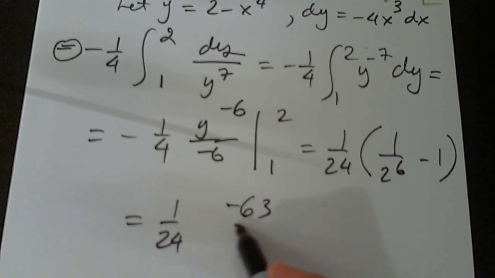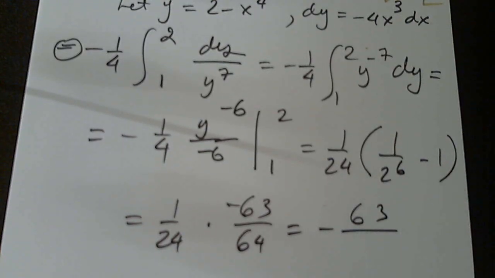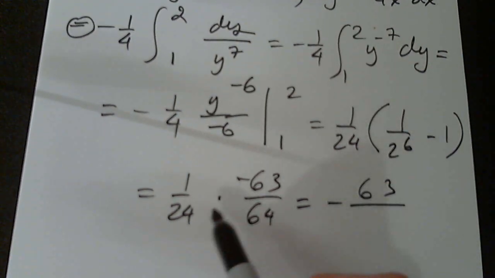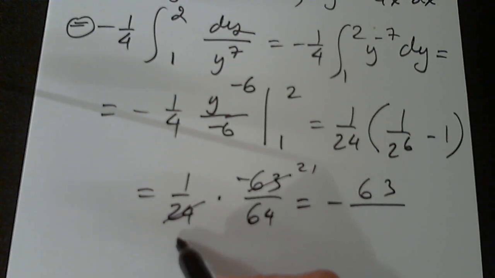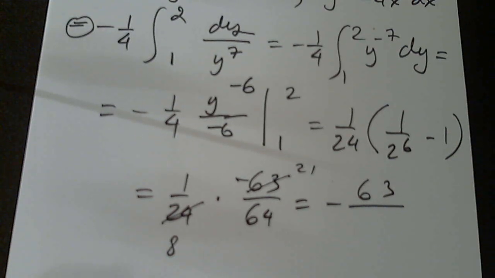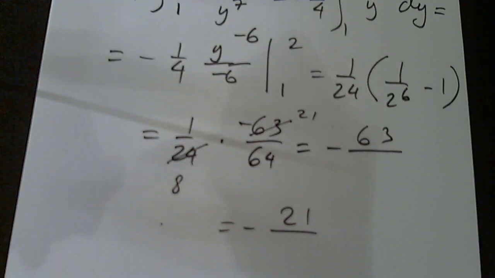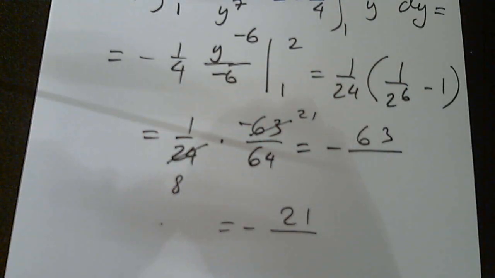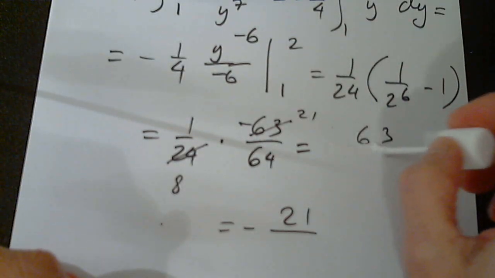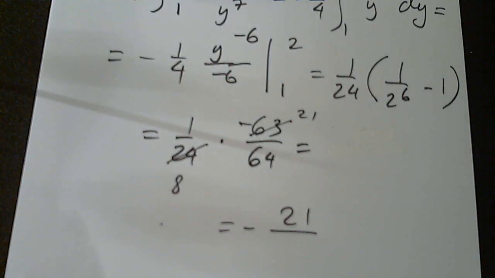So -63 over 64. And I can simplify actually by 3. Yes. So I'm going to rewrite it as -21 over, let me delete this, white it out. Okay, because I was able to simplify.